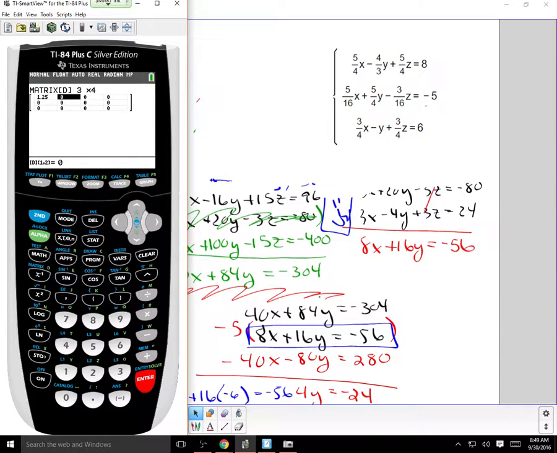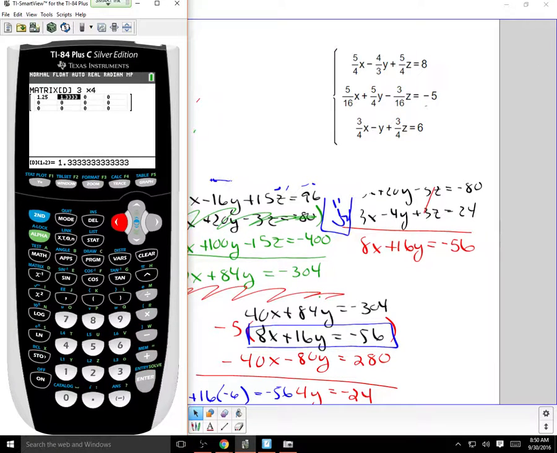So see how it changes it for you? And then 4, divide 3, enter. Oh, negative, thank you. Negative 4, divide 3, enter.